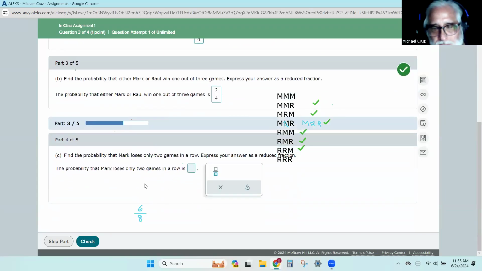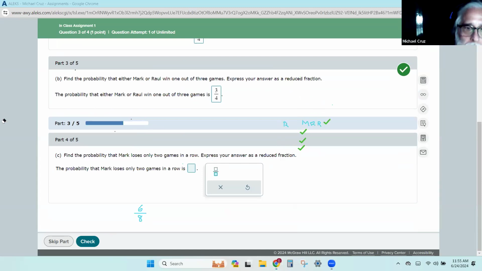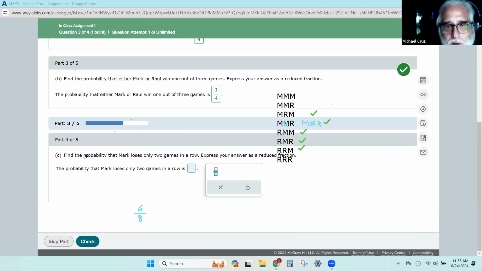That Mark loses only 2 games in a row. This looks like the exact same one I did before, isn't it? All right. I don't want to get the whole thing. That Mark loses only 2 games in a row.